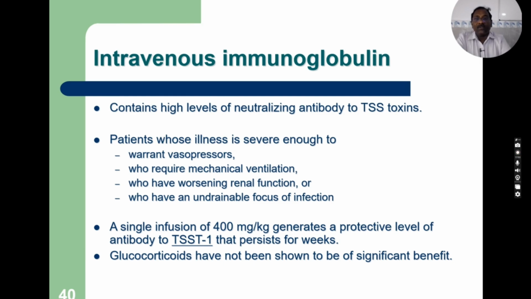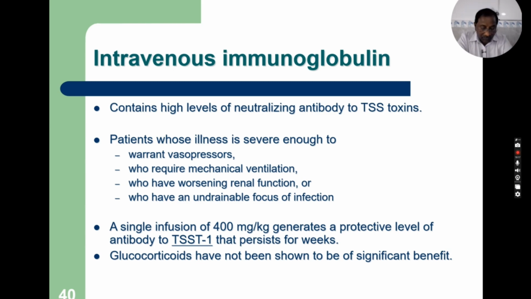Sometimes immunoglobulins, which contain high levels of neutralizing antibodies to the toxins, are indicated for those who warrant vasopressors, require mechanical ventilation, have worsening renal function, or have an undrainable focus of infection, where immunoglobulins may help.